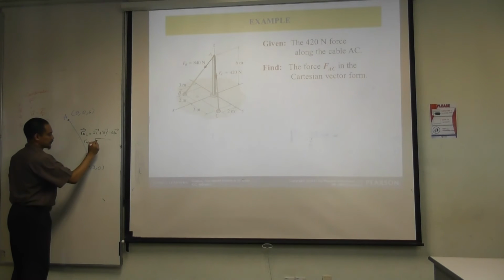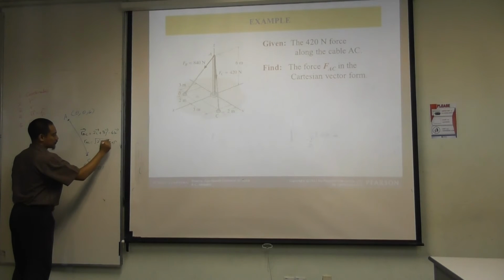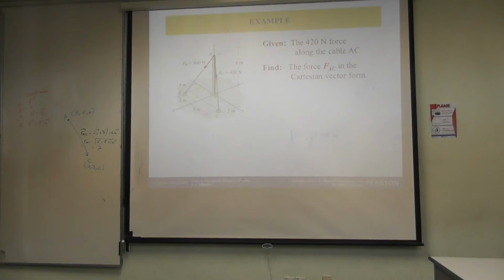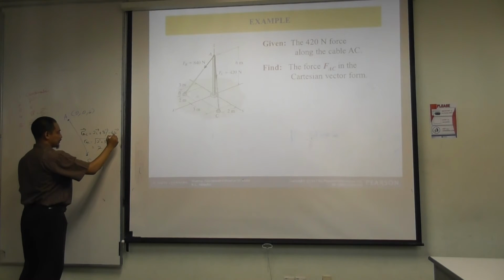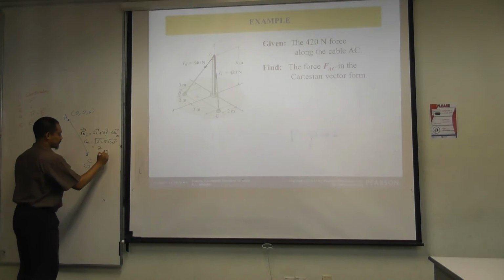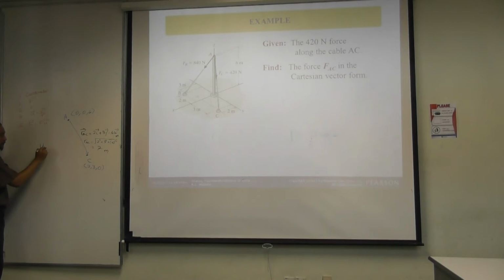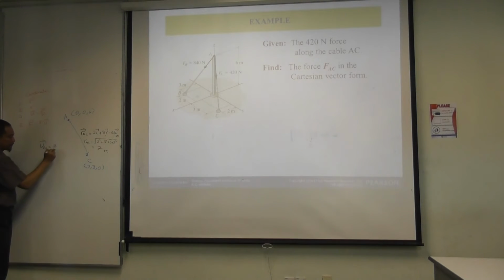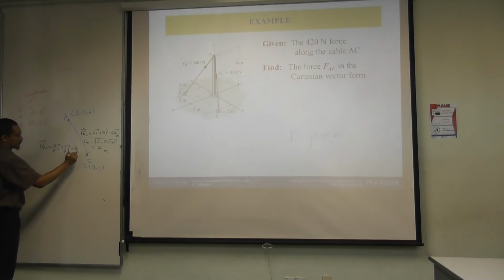So basically 2 squared, 3 squared, 6 squared, you get 7, right? Of course, if you want to be accurate, this is meter. So the unit vector of AC is basically this one divided by this one, right? So you get 2 over 7 i plus 3 over 7 j minus 6 over 7 k.